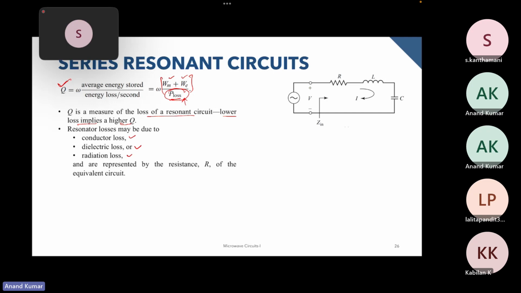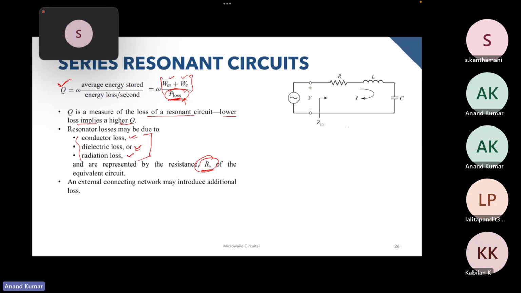Fairly straightforward. So these are the different kinds of losses, very similar to the kind of losses that you see in antennas as well. All these losses are captured by the resistance R. You can use individual notations for these, but all of them are being captured by R, which is covering the P loss over here.